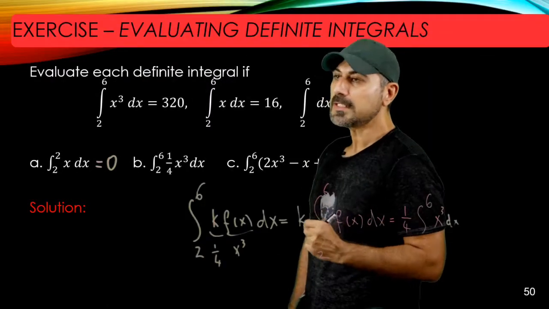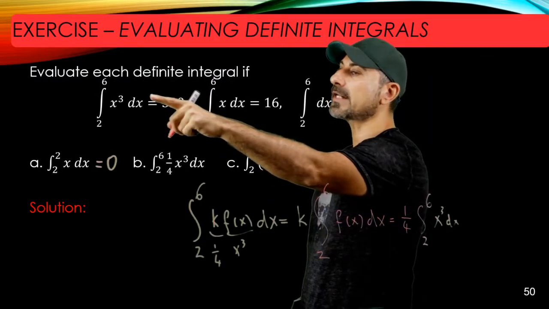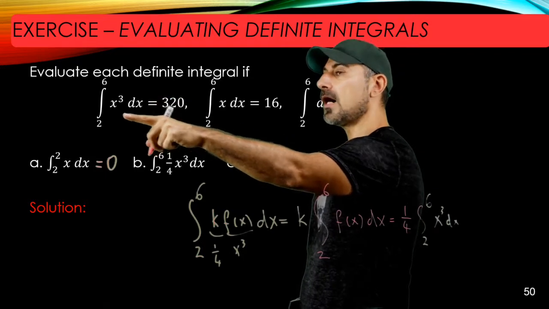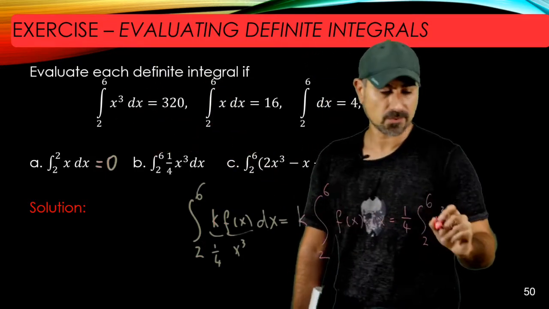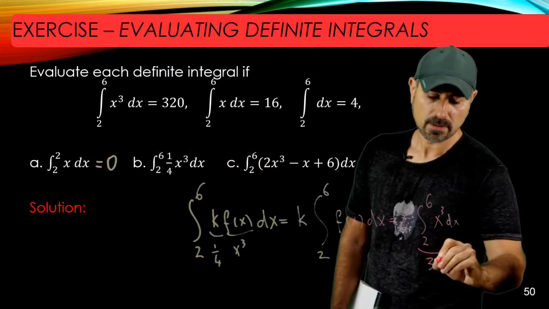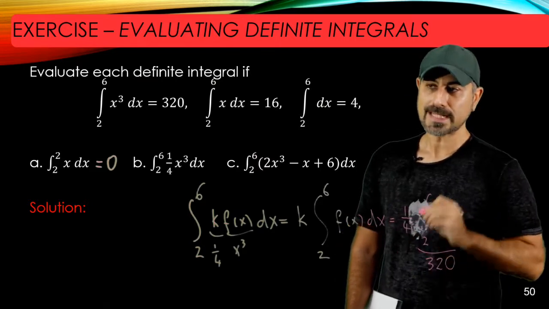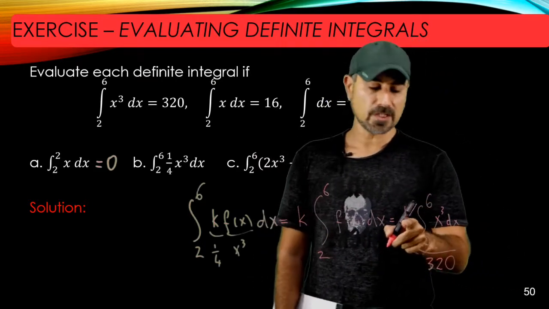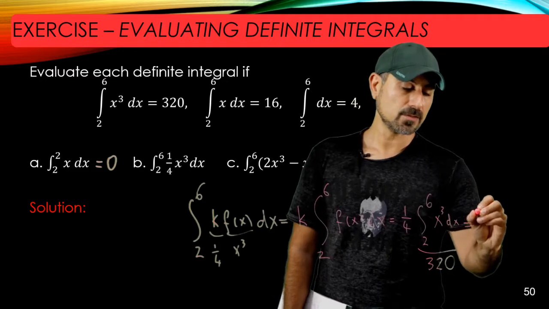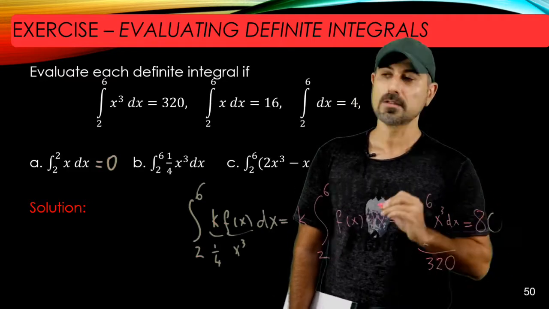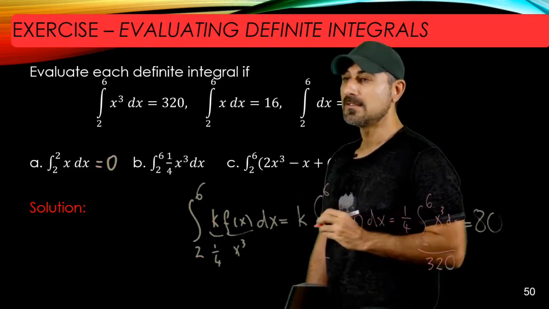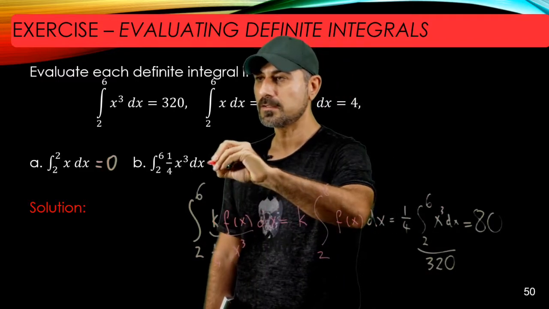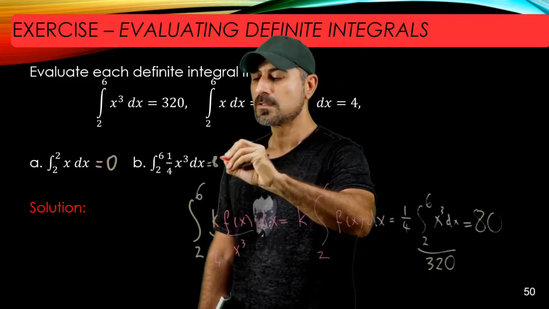What is given in the question statement is the integral of x cubed dx from 2 to 6, and that's 320. So we get 1/4 of that, so this integral is in fact 80. So the value of this integral, I go ahead and write 80 here.